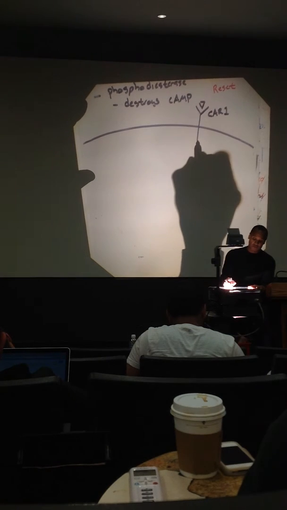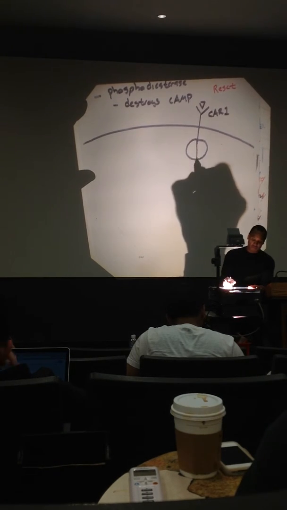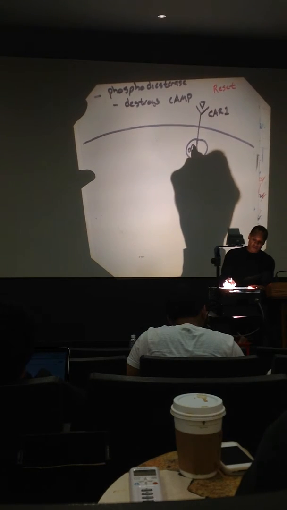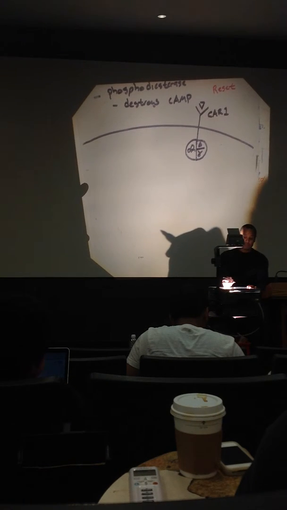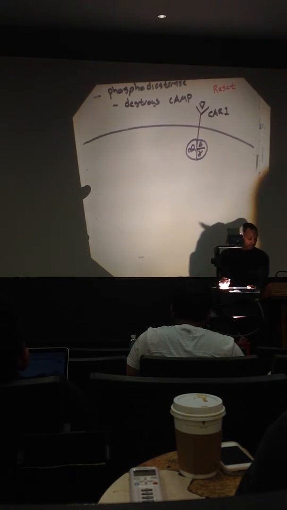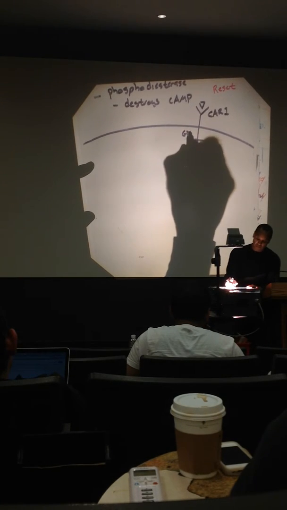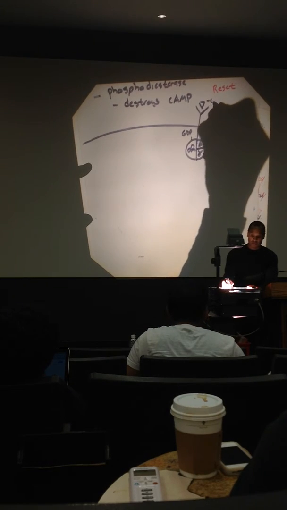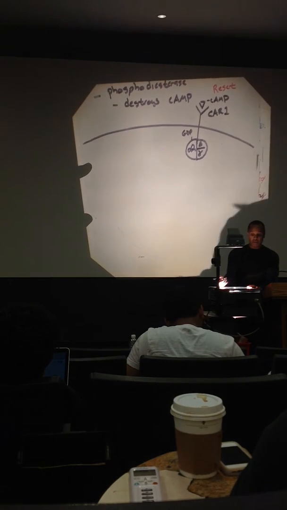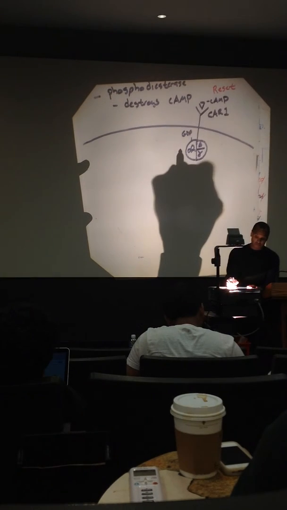It is bound to a G protein. It has an alpha subunit called alpha 2, a beta, and a gamma subunit. So normally, this is bound to GDP. However, when the cyclic AMP binds, it activates the G protein, splitting it.